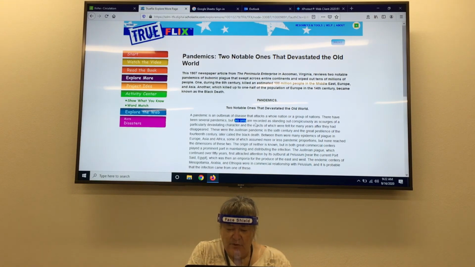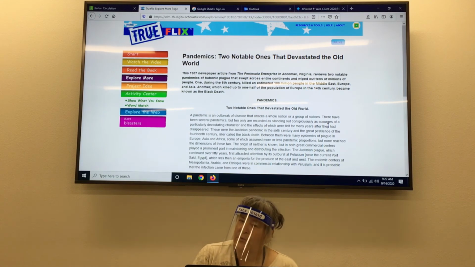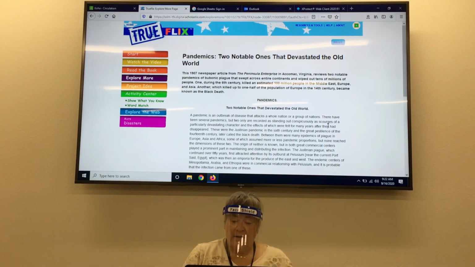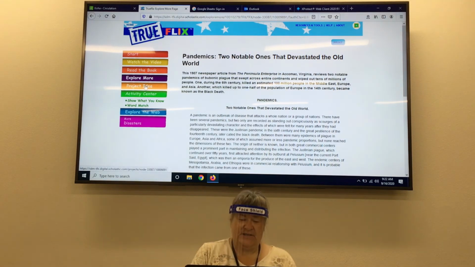There have been several pandemics, but 2 only are recorded as standing out conspicuously as scourges of a particularly devastating character, and the effects of which were felt for many years after they had disappeared. I wonder what those 2 were, because I'm really thinking COVID-19 is going to join that group. So, we've done explore more. Then there's a project idea.